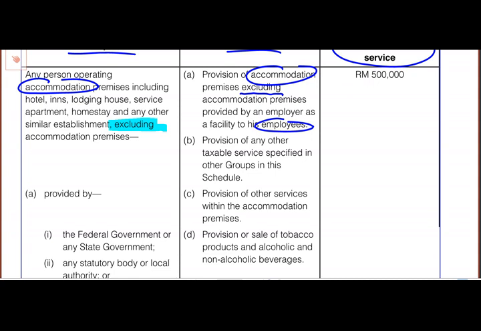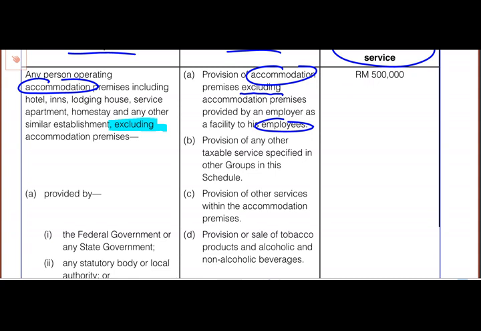Okay? Now, I want you to take note that they say the provision of any other taxable services in other group. So later when you go to other group, you realize that they define a lot of services that happen to also be provided by you. You also have to impose service tax. It's all together.